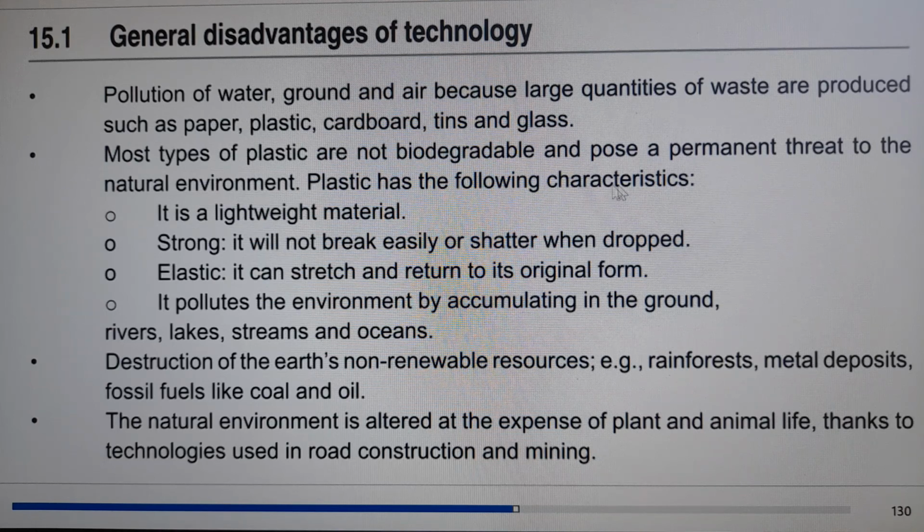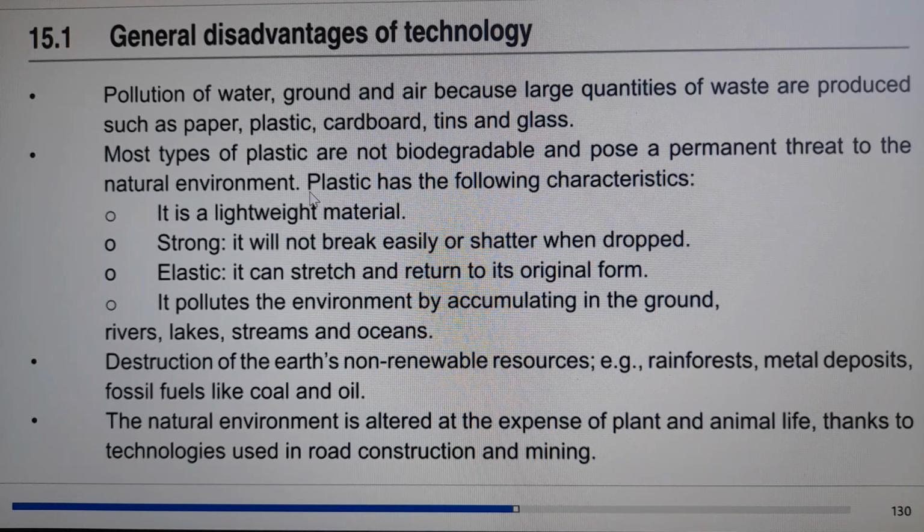Plastic has the following characteristics. Number one, it is a lightweight material. It is strong. It will not break easily or shatter when dropped. It is elastic. It can stretch and return to its original form. It pollutes the environment by accumulating in the ground.